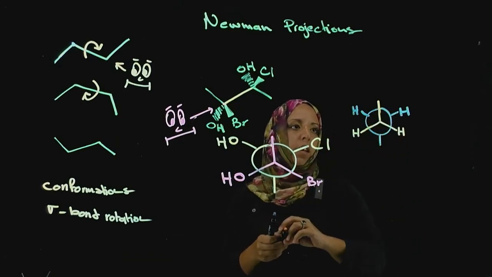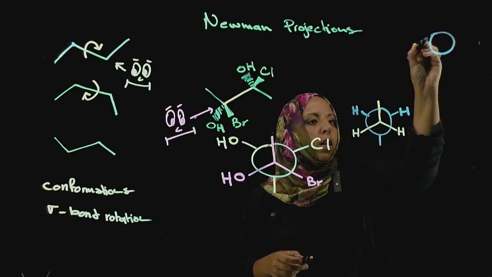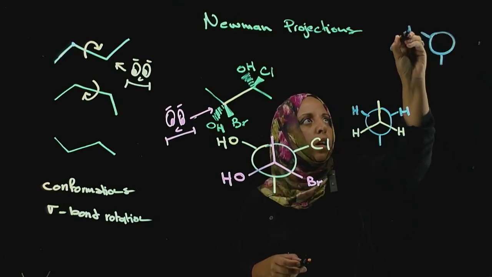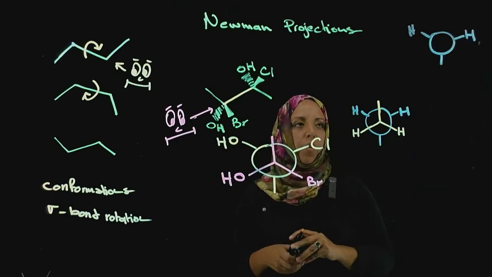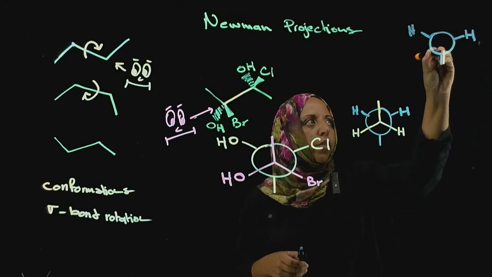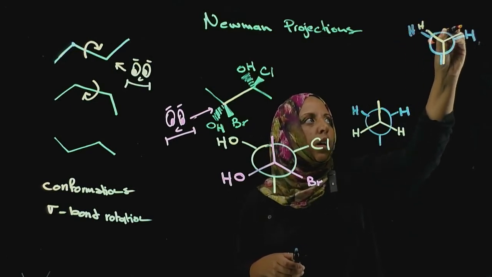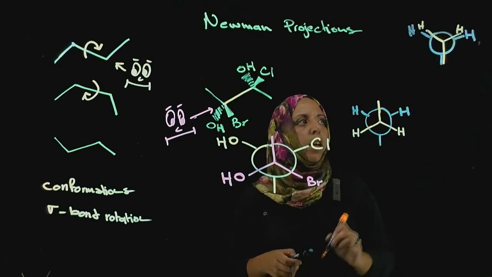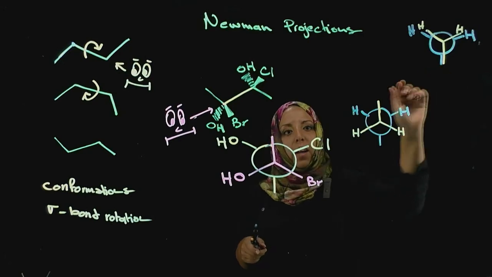I will rotate. I'm going to keep my back carbon the same, and I'm rotating my front one 180 degrees. So now my front carbon, right, is kind of overlapped, the methyl with the back methyl.